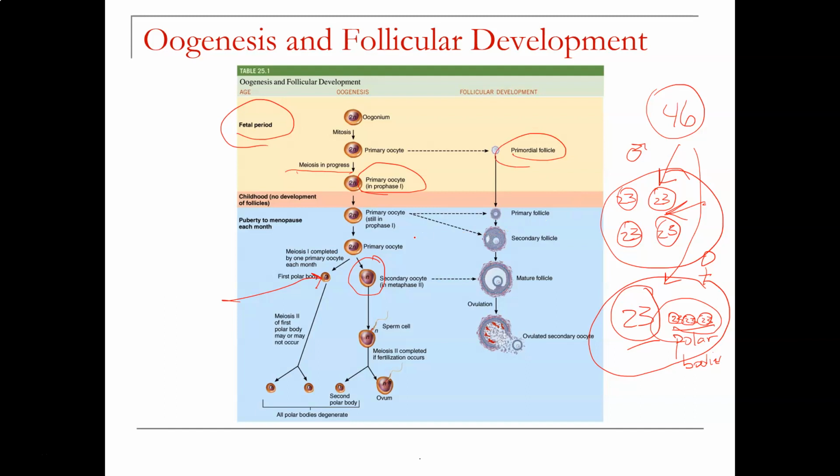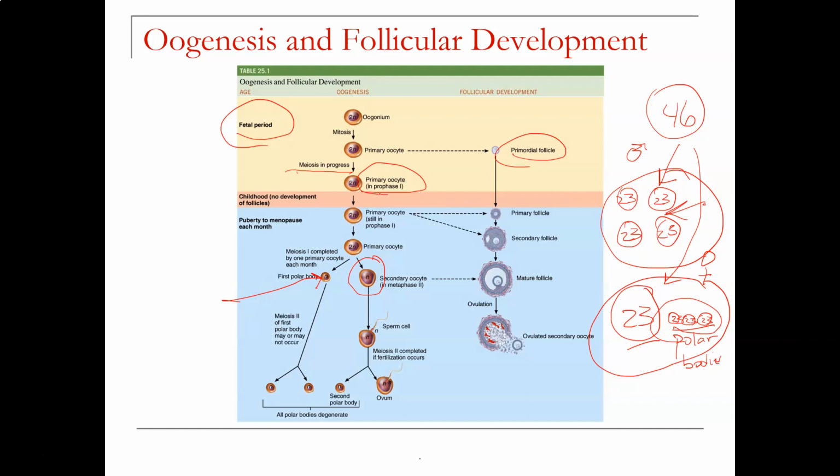Now, here's another thing that's different: in males, once meiosis begins, it's pretty much a continuous process. It's not as fast as you might think. It can take days or even several weeks for stem cells to go all the way through meiosis. But still, it's a continuous process. In females, there's lots of starting and stopping. So we already looked at one place where it began and then was arrested.